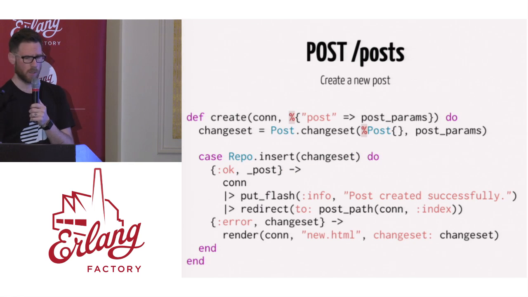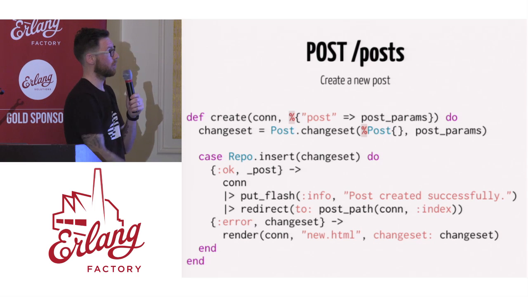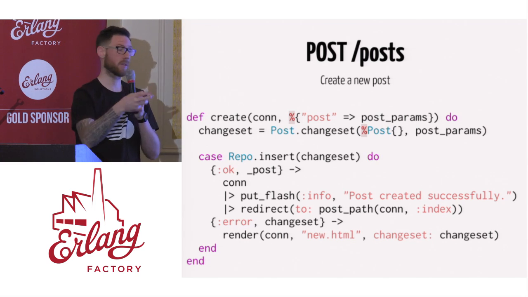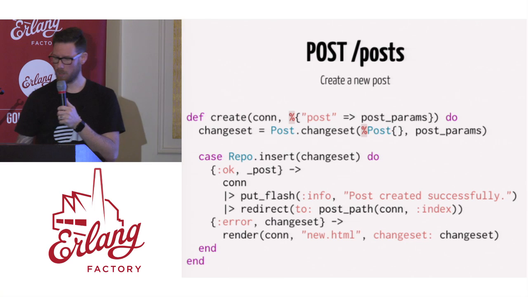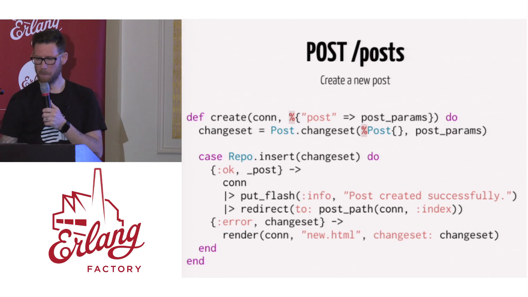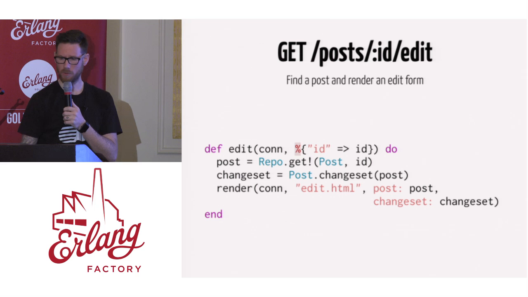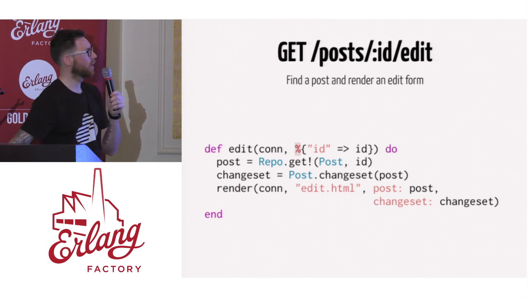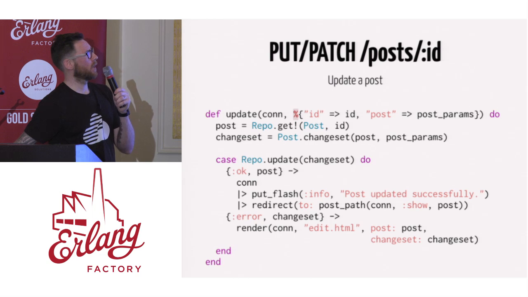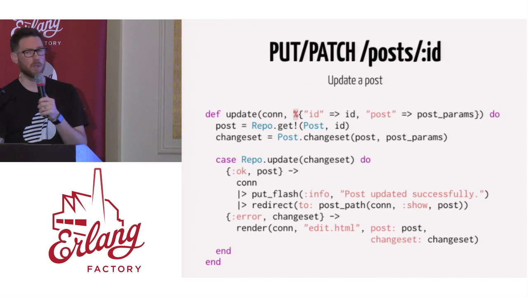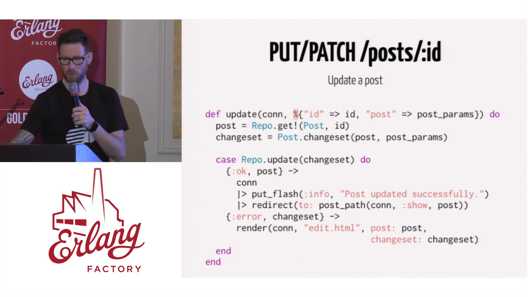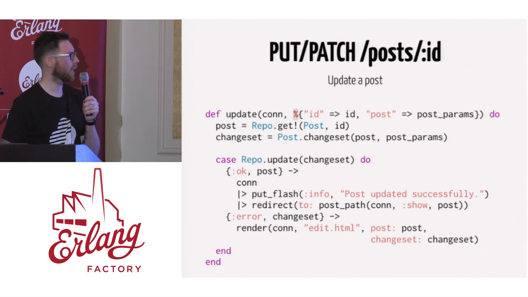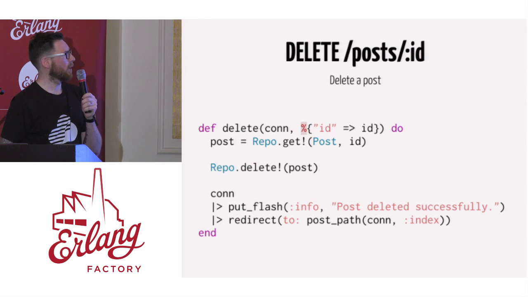If you do a post to /posts, then it will take the form elements and create a new post and save it into the database, and so forth. So you've got the edit action, which is very similar to new, and you've got put or patch, similar to create, but you're doing a put or patch to the posts with the ID, and then of course you can delete.